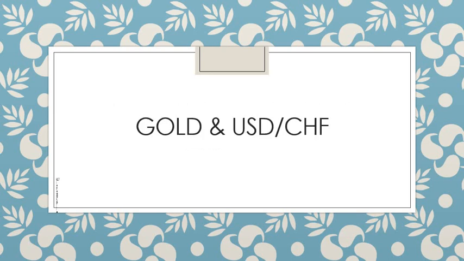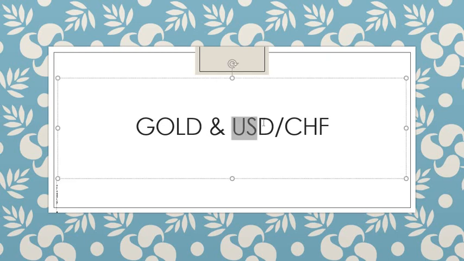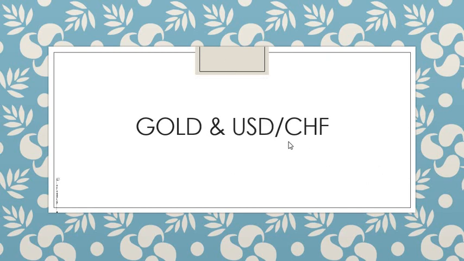Now let's come toward gold and USD CHF. As I have already said in the previous topic, gold is anti-dollar, and in the pair USD CHF, we can see the United States dollar is the base currency. So it means when the USD CHF pair moves up, gold will move down.